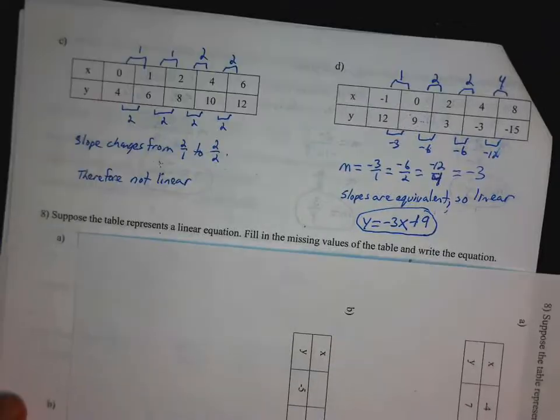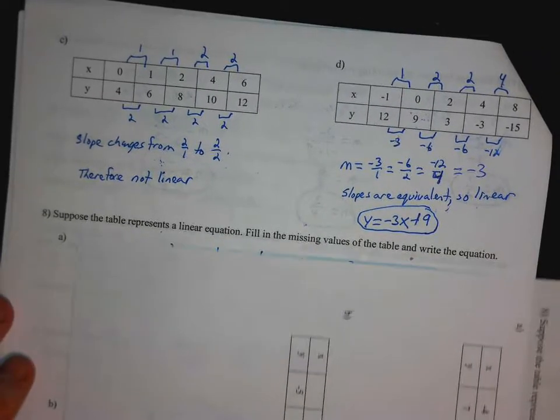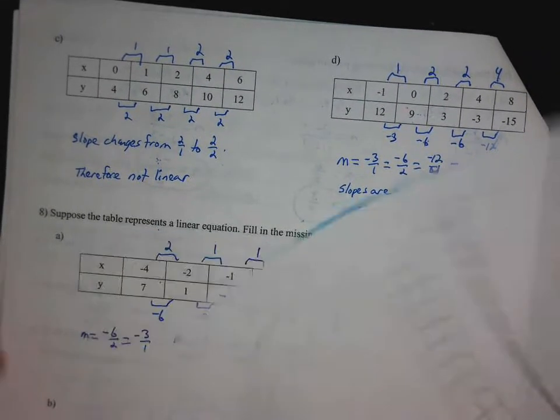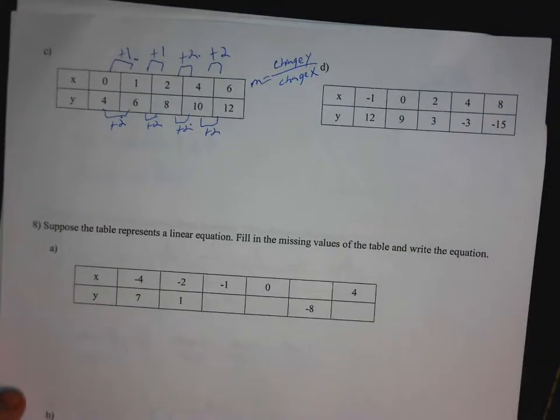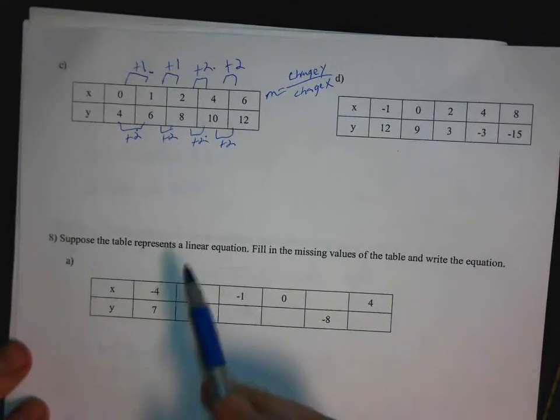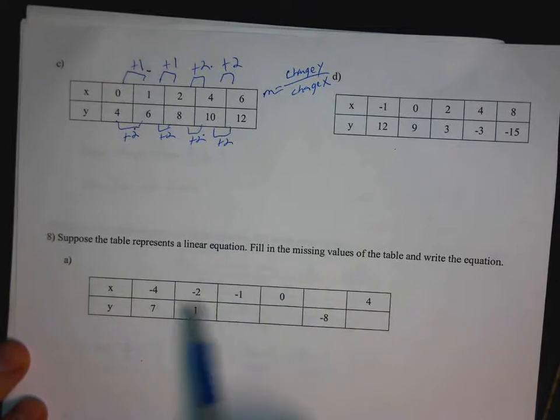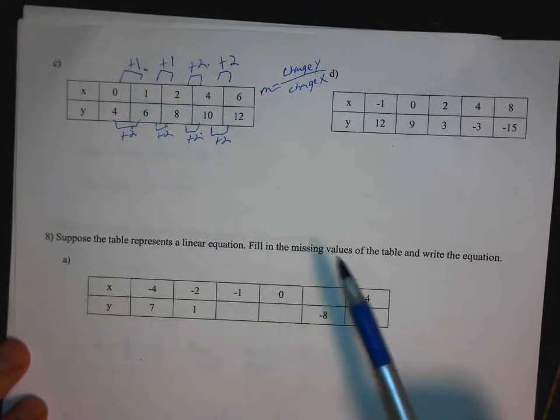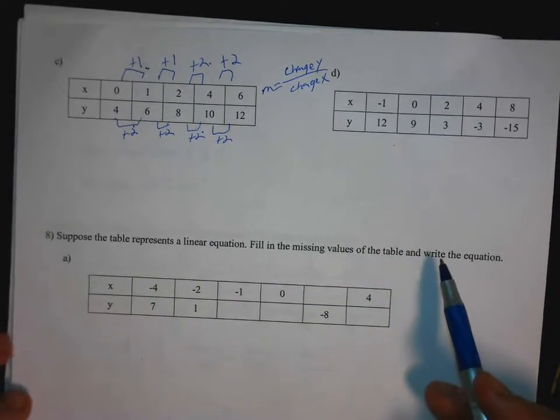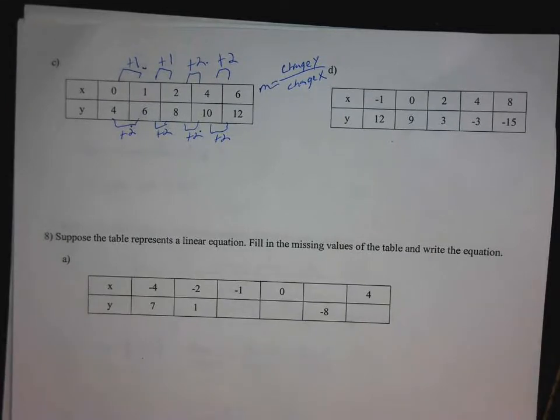Okay, then the last question on here, number 8. Okay, we're looking at a table of values that represents a linear equation. So they're telling you this table is linear, and you want to fill in the missing values of the table and write the equation. Now this is a higher level thinking question, okay, so it's a bit tough.